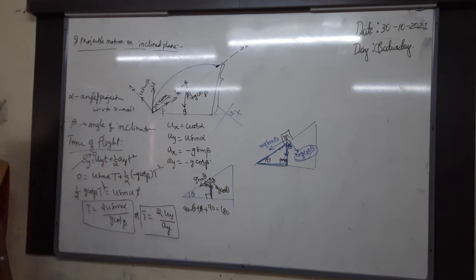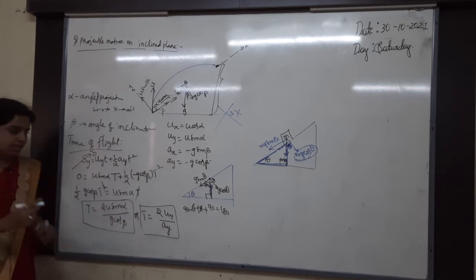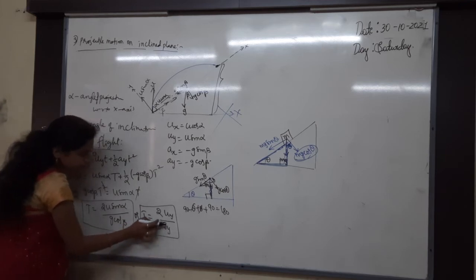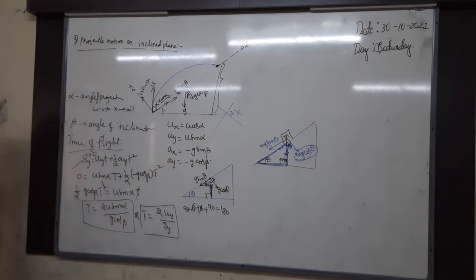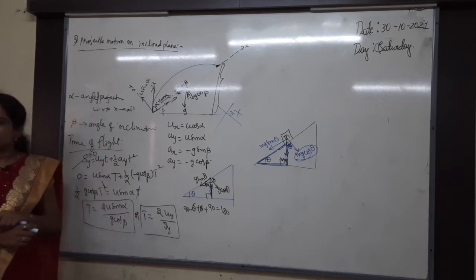What is the general formula of time of flight? 2uy by g. Here 2uy by gy. That's it. 2uy by gy. Time of flight we will measure along which axis? The y-axis only, no? So everything I am measuring along the y-axis, and then I am getting t equal to 2uy by gy. Understand it clearly?